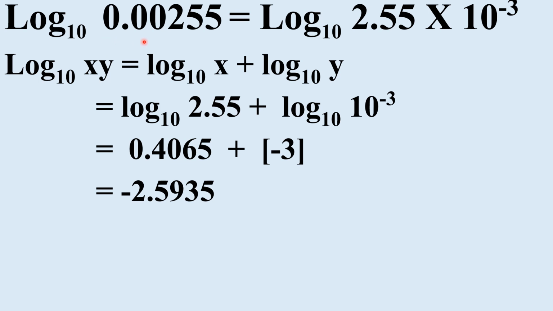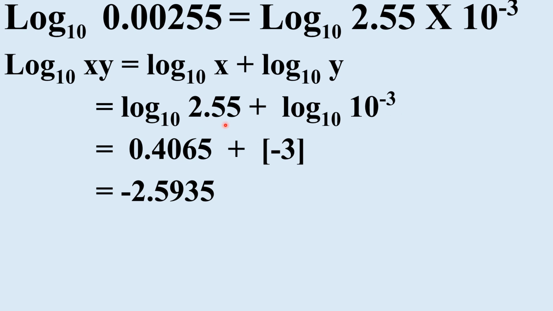Log 0.00255 has to be written in the form of log of 2.55 into 10 raised to the power minus 3. So this is in the form of log xy. So log xy is equal to log x plus log y. So log of 2.55 into 10 raised to the power minus 3 has to be written as log 2.55 plus log 10 raised to the power minus 3.